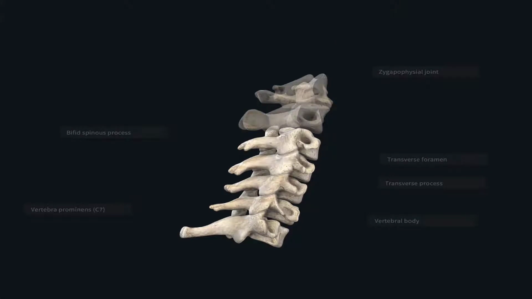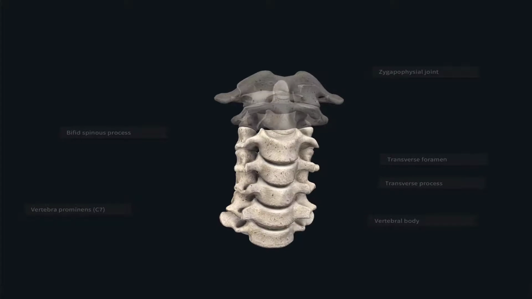The cervical spine. The cervical spine comprises 7 cervical vertebrae that are numbered from the cranial or head end towards the caudal or tail end. C1, or the atlas, is the vertebrae that articulates with the occipital processes of the skull.